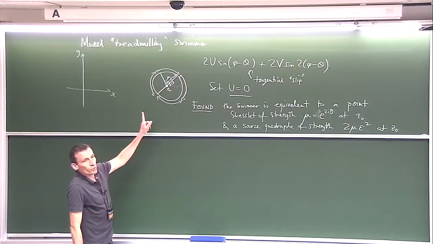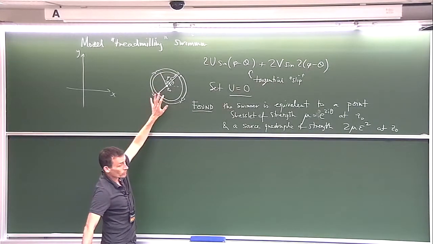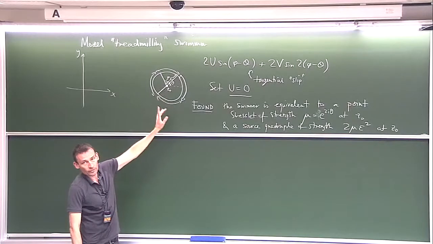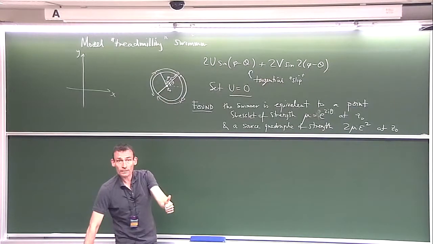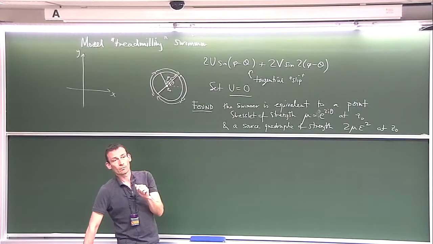So my model swimmer then, instead of thinking of it as this circular swimmer with a treadmilling action, I'm going to think of it as a point stresslet plus a source quadrupole. And in free space, there's no difference.